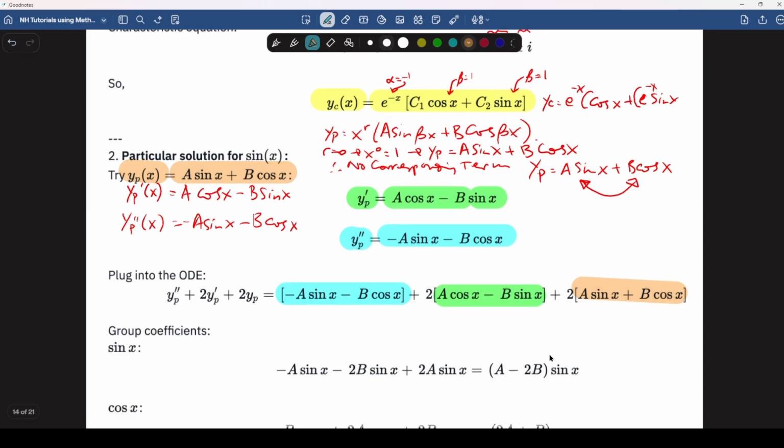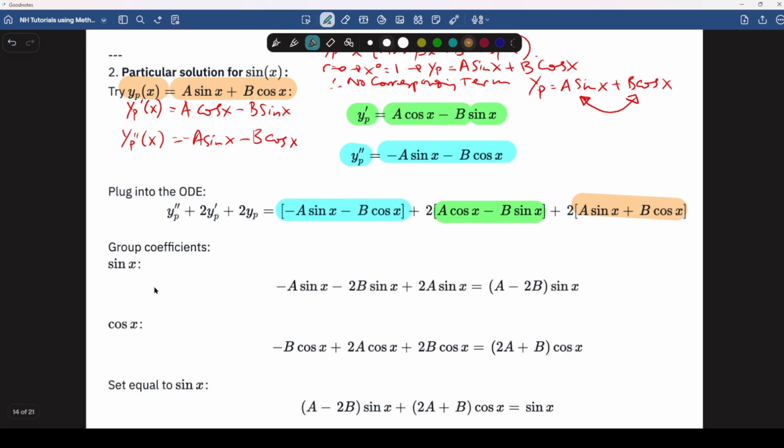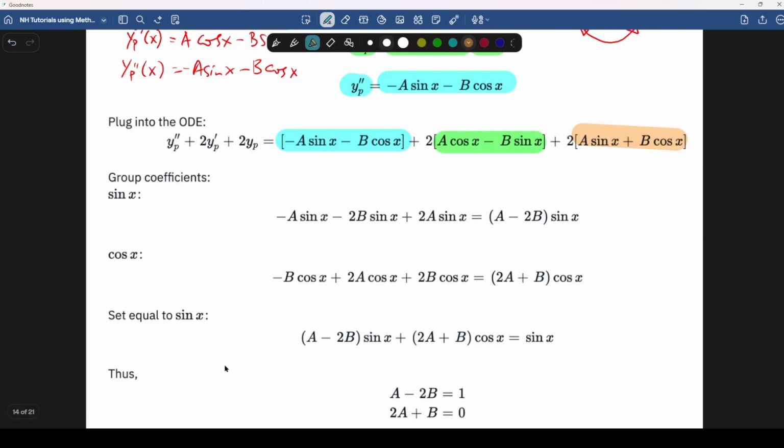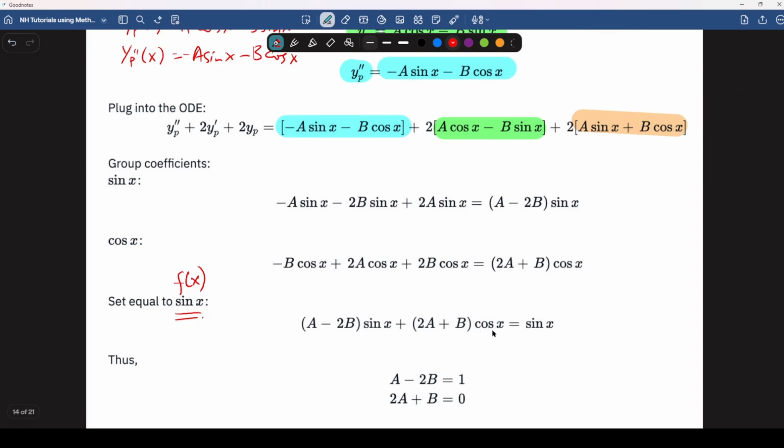So group the coefficients together, and we can then equate with the non-homogeneous part, f of x, which is sine x. For the sine x we have a minus 2b, and for the cos x it is 0.